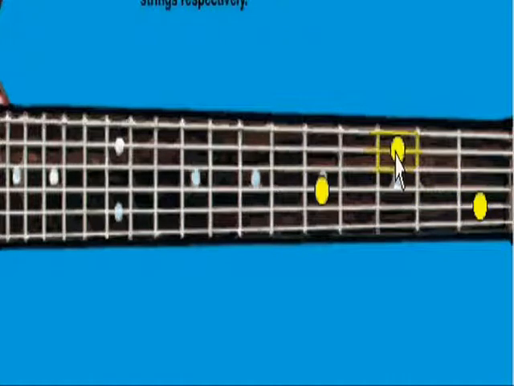So if you know this pattern, you're able to know all the note names on the fifth, third, and second string, which covers all the rest of the strings that we haven't covered yet. So we have C, C, C. Same pattern.